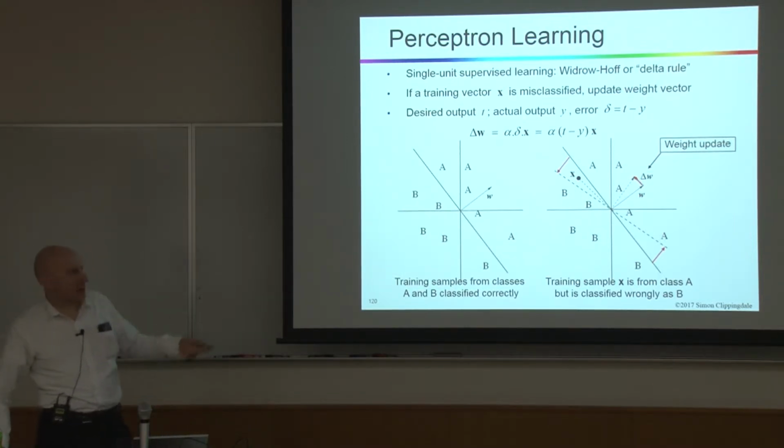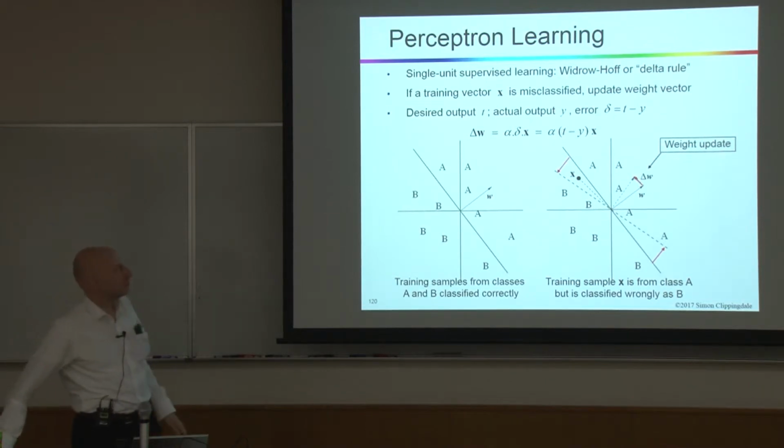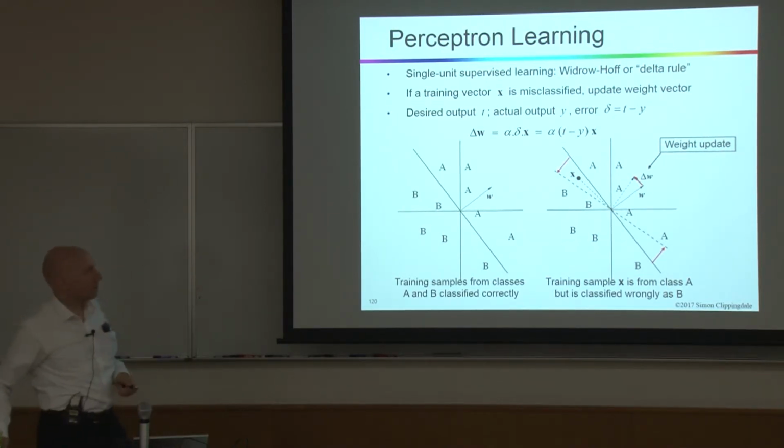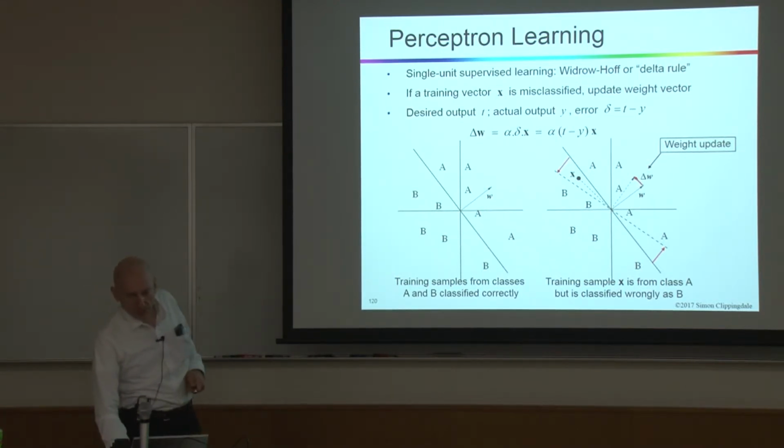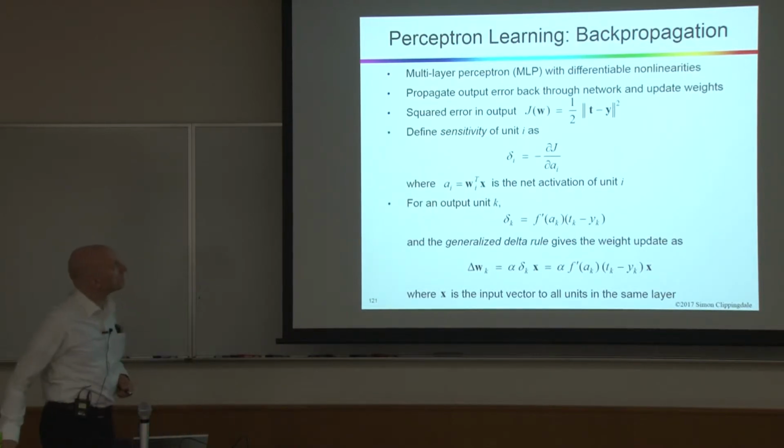So the way to fix that is to change the weight vector, update the weight vector by adding this increment to it and shifting it round, rotating the whole hyperplane. And then you'll classify the new sample correctly. Okay.